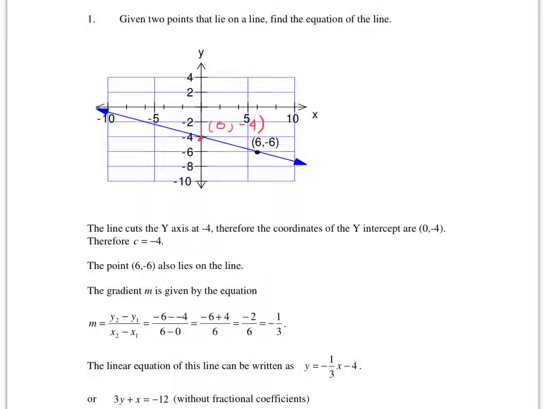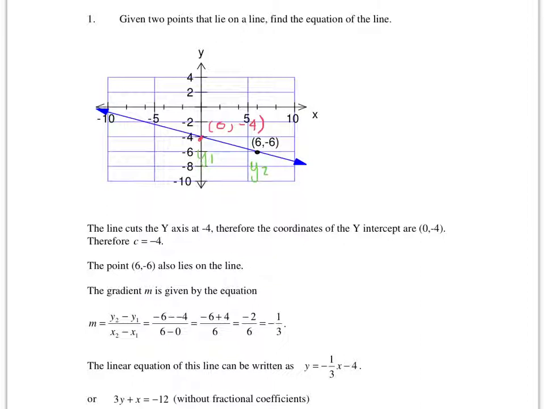So that means we can now find the gradient of the line, and the gradient is given by the rule y2 minus y1 over x2 minus x1. So that's the y step over the x step. So if I take, let's change the colours here, let's get a nice green going, make this point y1 and this point y2, then I can look at y2, the y coordinate of the second point is -6, there it is.